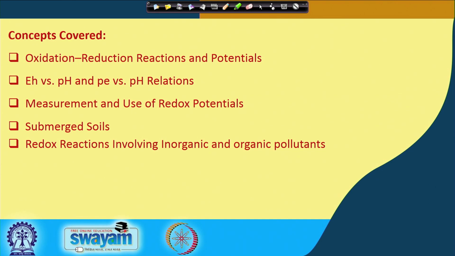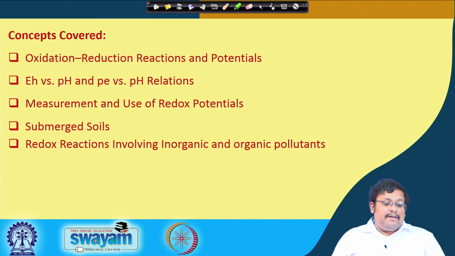One is oxidation reduction reactions and potentials, and then we will be talking about EH versus pH and PE versus pH relations, and then we will be talking about measurement and use of redox potentials, and then we will be talking about submerged soils, which is very important, and then we will be talking about redox reactions involved in organic and organic pollutants. Now, remember these redox reactions are basically the short form of reduction oxidation reactions.